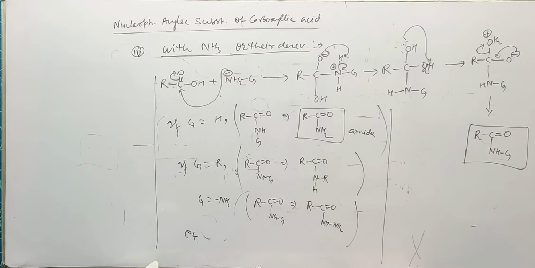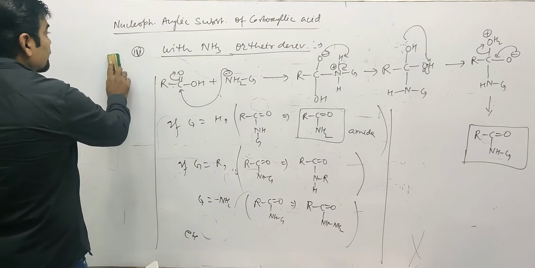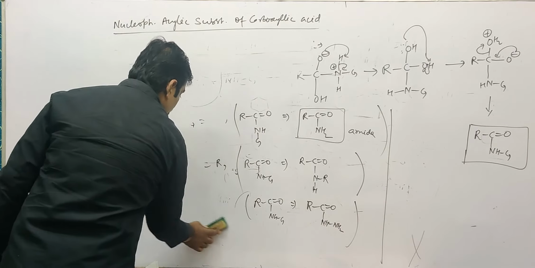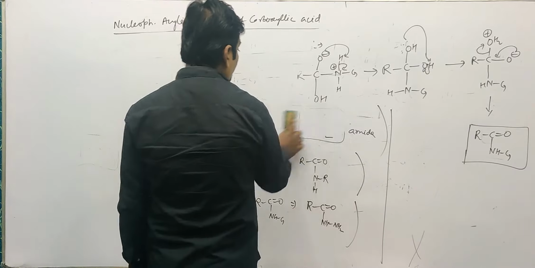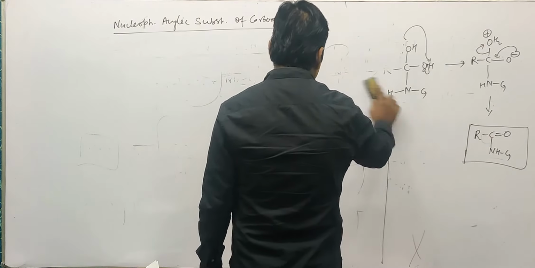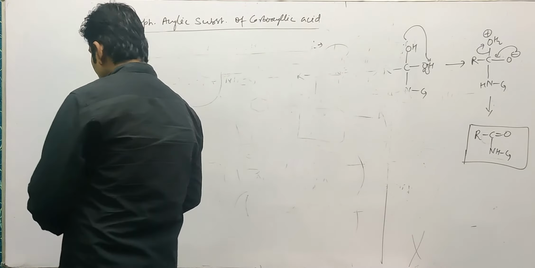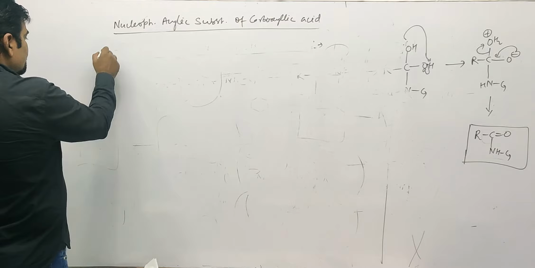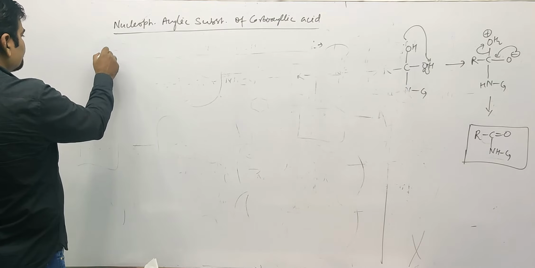Next is the reaction with phosphorus pentoxide. The next reaction is dehydration of carboxylic acid, and reaction with phosphorus pentoxide. It was the next reaction, I think fourth.